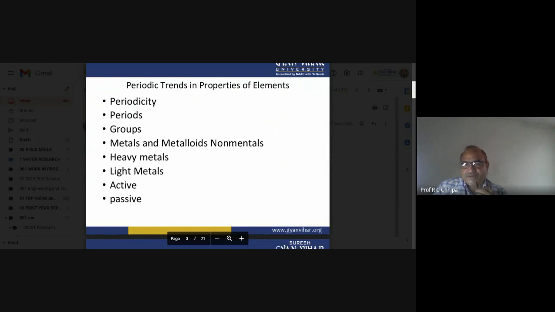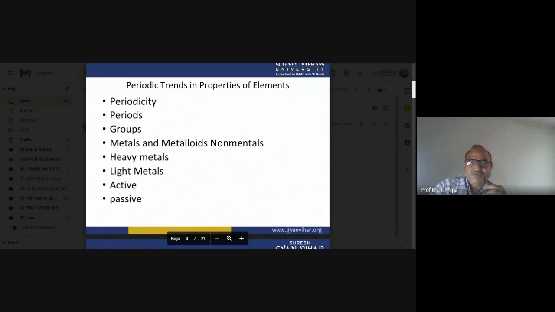Suppose we have gold, which is well known to human beings as a precious metal and can be used in different activities, but that is passive. Why? Because in the presence of oxygen and moisture, it does not react with environmental things. So those are the passive metals.